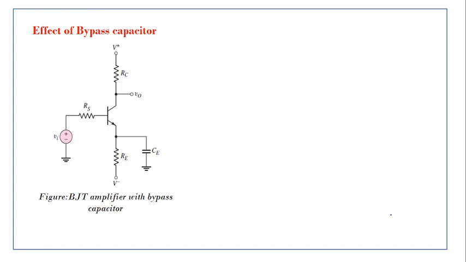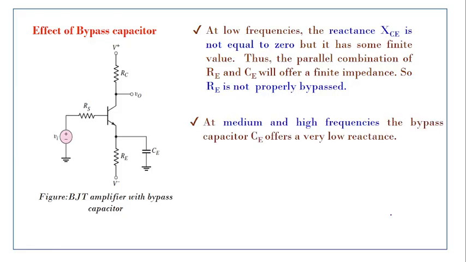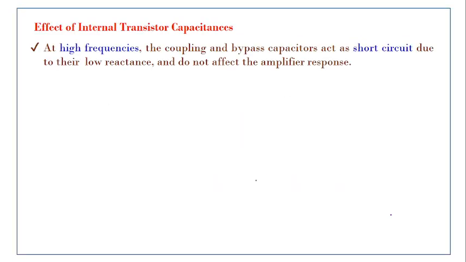Next, coming to the effect of the bypass capacitor. We know the bypass capacitor is connected in parallel to the emitter resistor. At medium and high frequency, this bypass capacitor plays a prominent role, that is, it can be replaced by a short circuit.